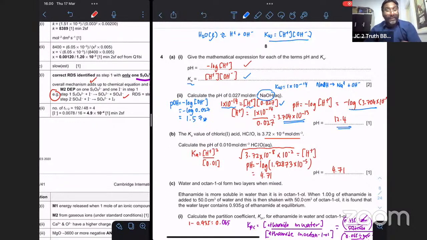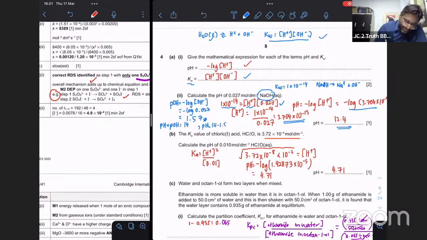Do remember, because of the Kw, pH plus pOH equals 14. This is still related to the Kw. So if I want to find my pH, it is 14 minus 1.57, and you still get 12.4.